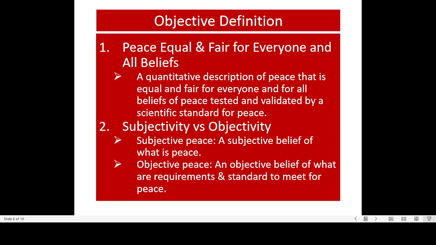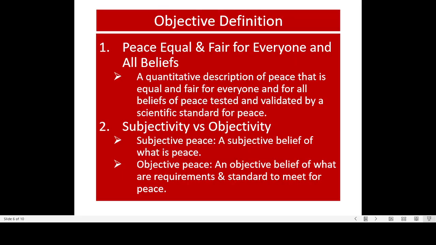Now, what's the difference between objectivity and subjectivity? Subjective peace, such as the subjective definitions of peace given by the two examples earlier, is a subjective belief of what is peace.